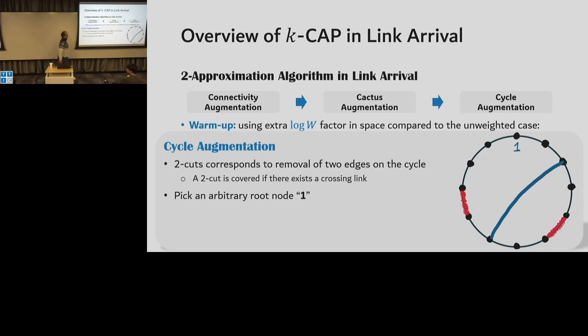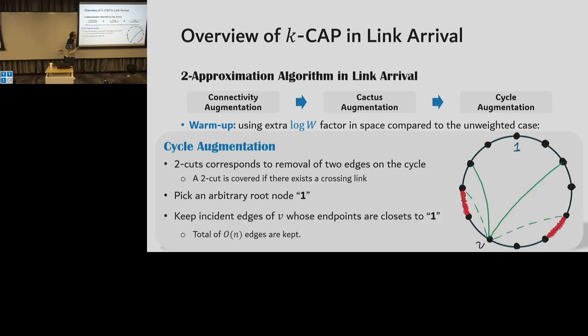Okay. So to show basically how we can solve it, this is an approach that was known before. We pick an arbitrary root node 1. Then for any vertex V, we only pick two of its edges closest to the root node, one from this side and one from this side. So we are picking 2 edges per vertex.